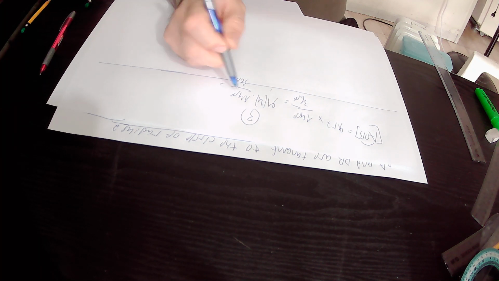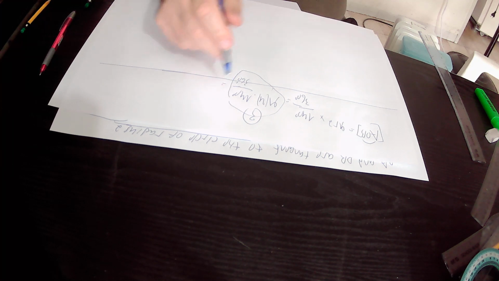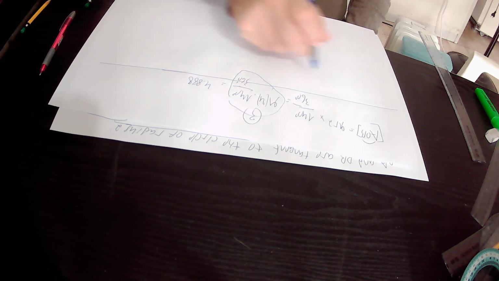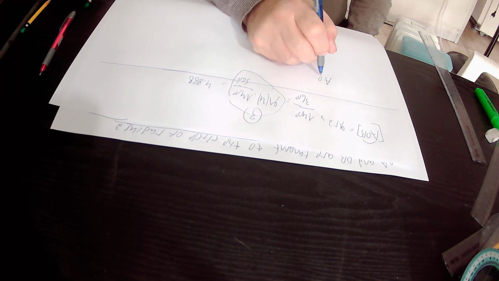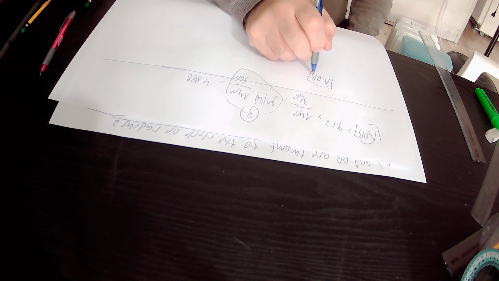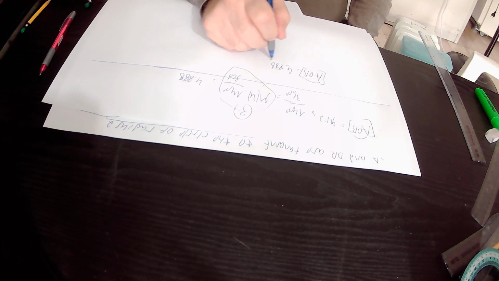So this expression in total is equal to 4.888 square units. We found out that the area of sector AOB is 4.888 square units.